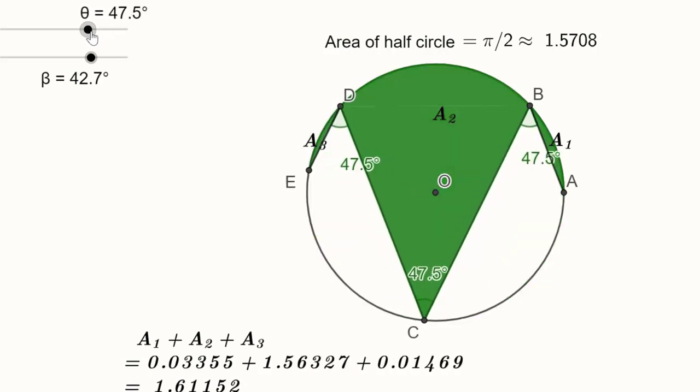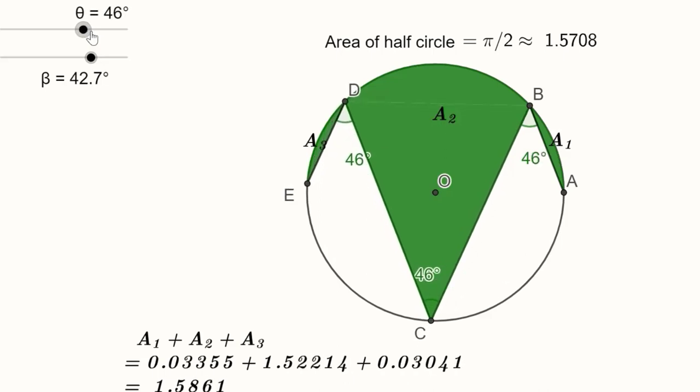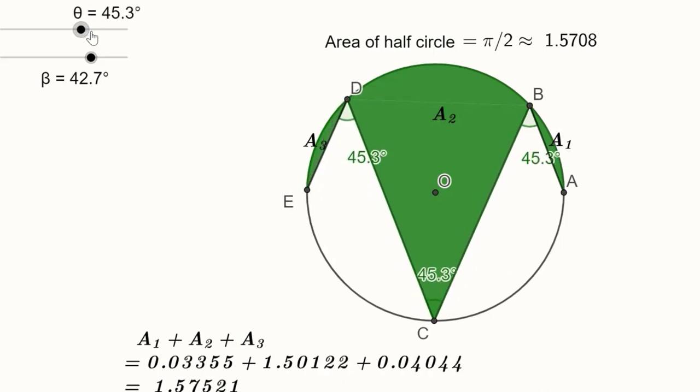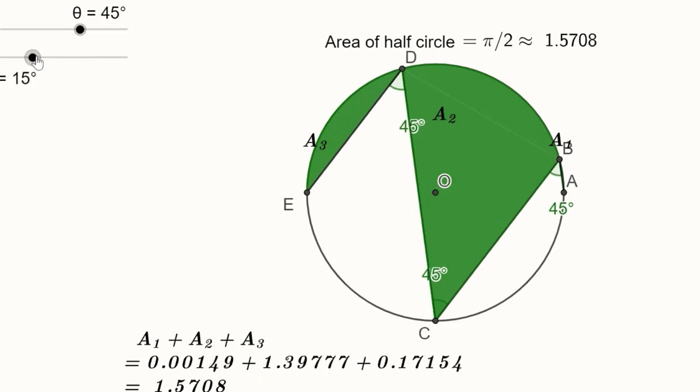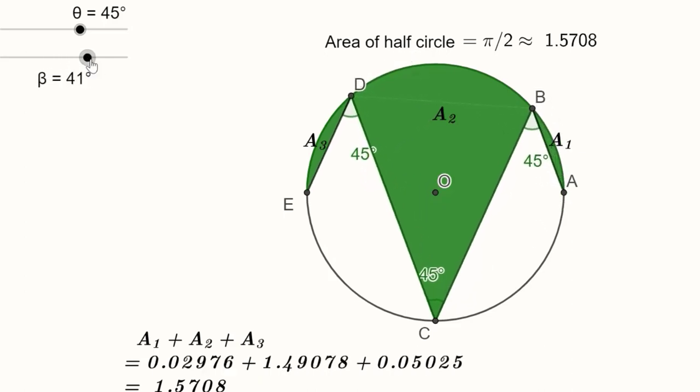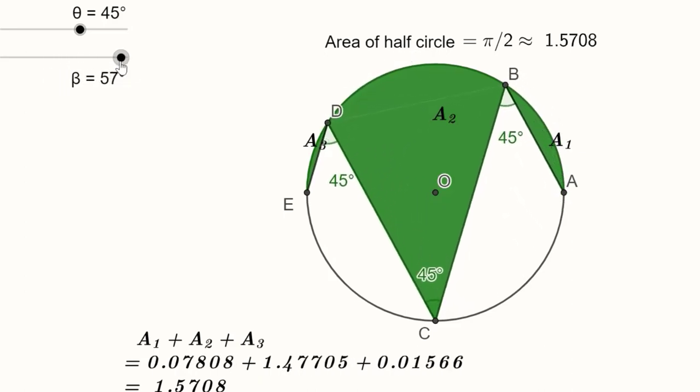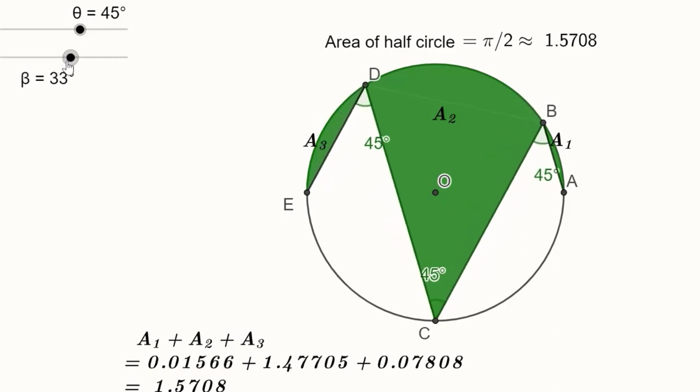In this case, we let the radius equal 1. You can see that when theta equals 45 degrees, the sum of A1, A2 and A3 is always a fixed value. This means that the answer should be 45 degrees.